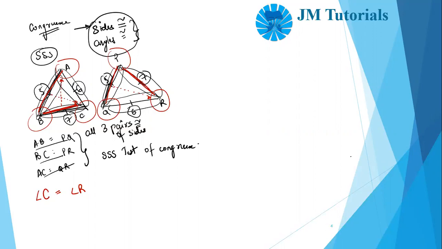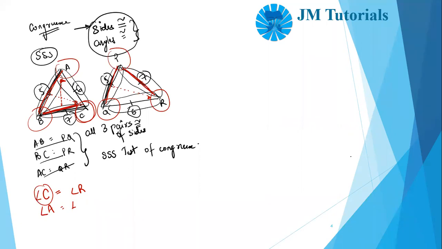AB is opposite to C, so I wrote C. Now the congruent side of AB is PQ. The angle opposite to it is R, so I wrote R. Now see BC. The angle opposite to BC is A. I'm sorry, angle A is equal to the angle opposite the congruent side of BC.